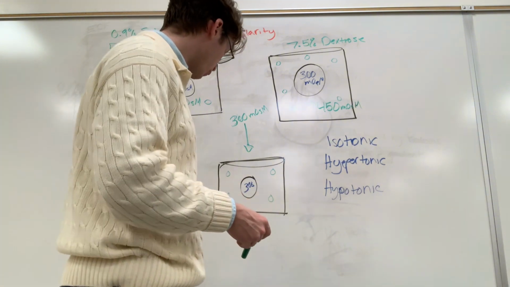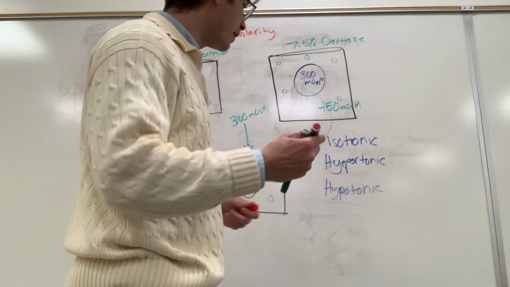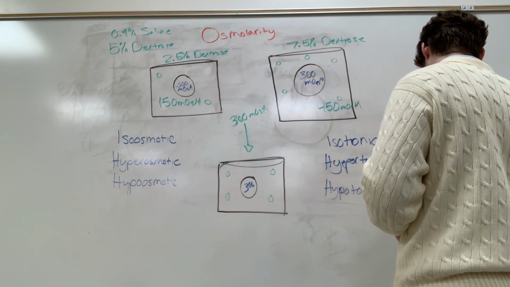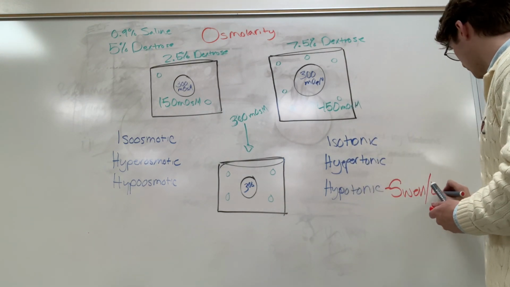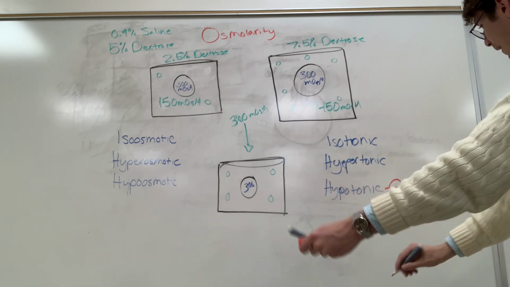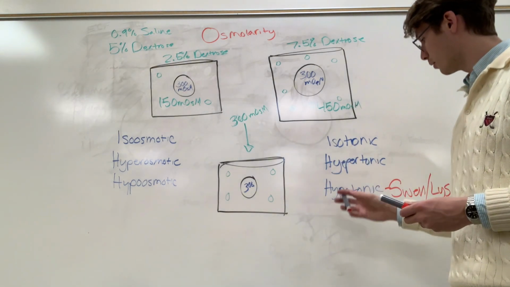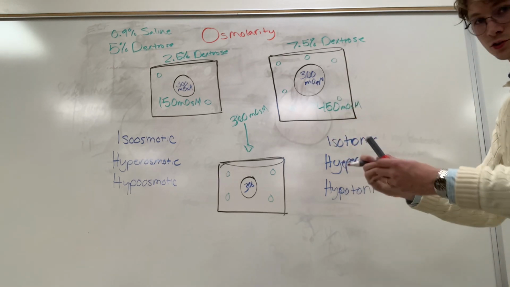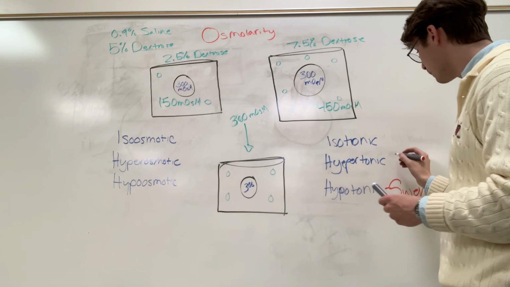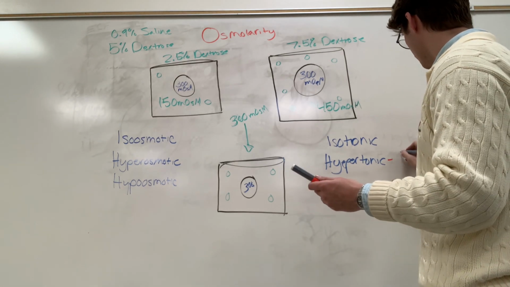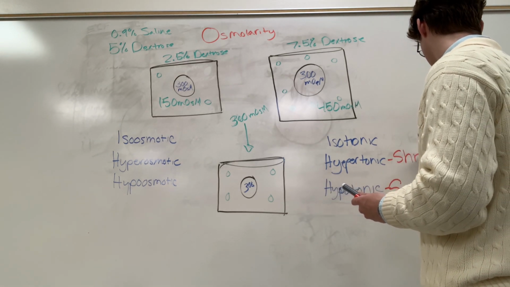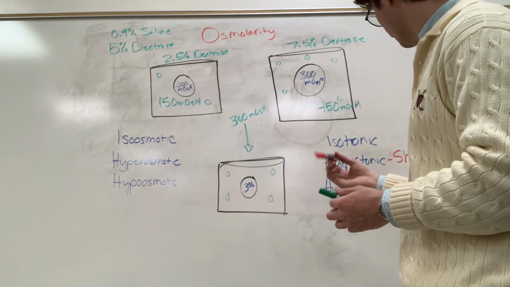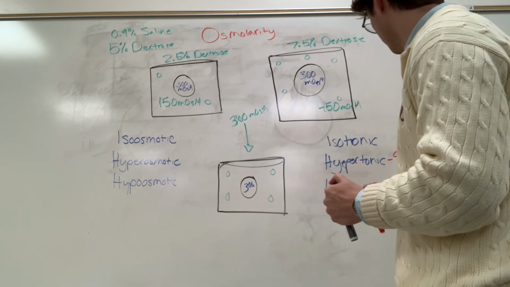Hypotonic is going to refer to a solution that makes the cell swell, grow, or another term is lyse. And what can happen is the bigger this cell swells, it can pop and just blow up. But hypertonic is going to refer to the fact that the cell is shrinking or shriveling because there's a higher concentration on the outside.